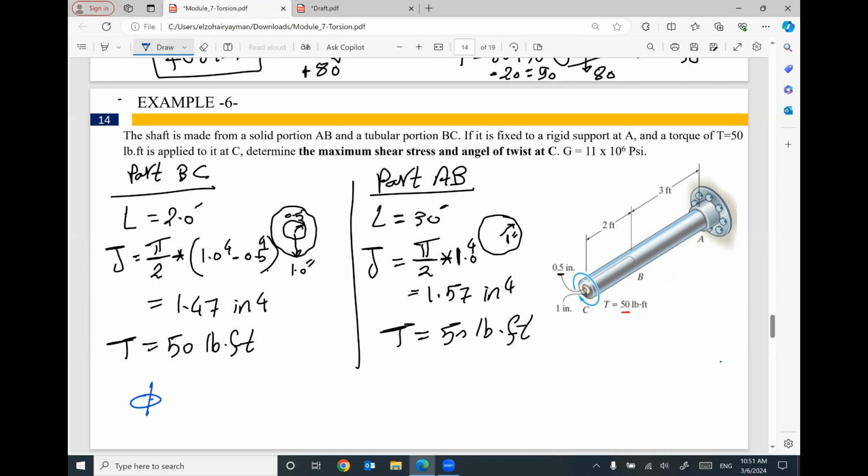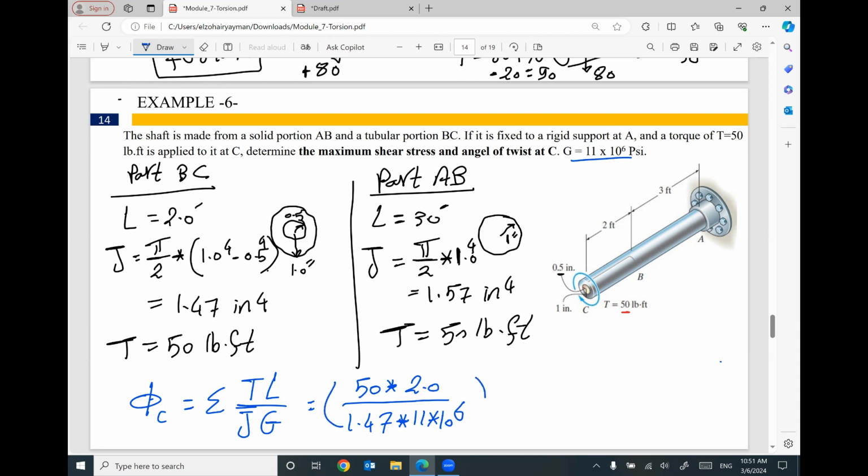at the free end C will equal summation T times L divided by J times G, which equal T for the first part 50, L of the first part 2 feet, divided by J of the first part 1.47, times G for the same material for the two parts 11 times 10 to power 6.